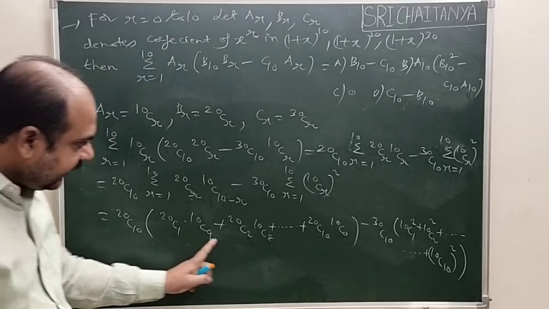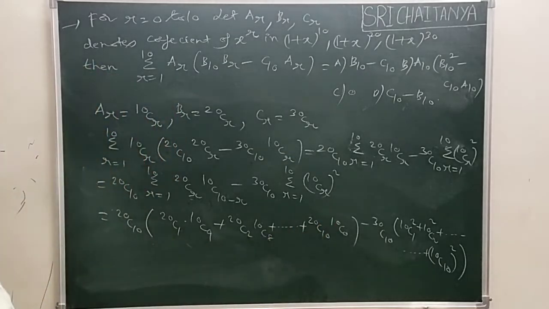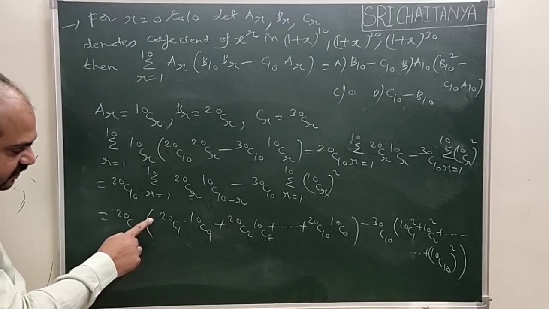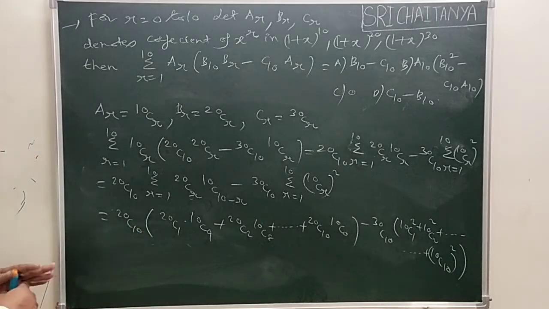So 10 is written in all possible ways, but one is missing here: 20C0 into 10C10 is missing.